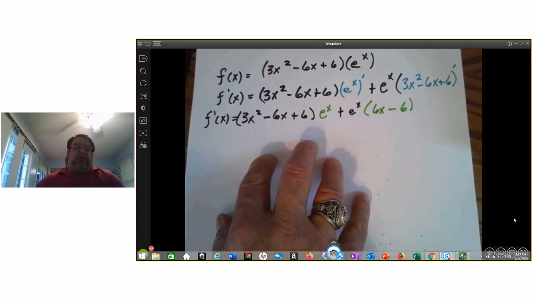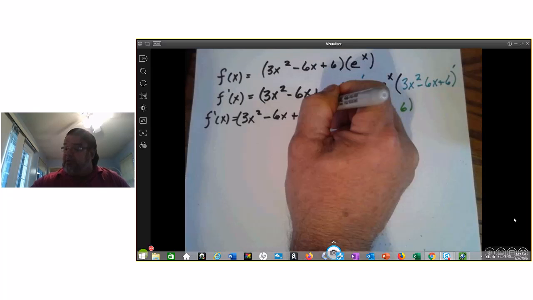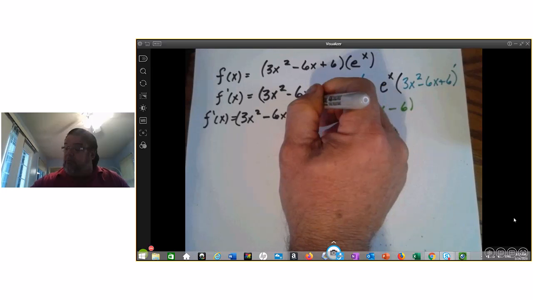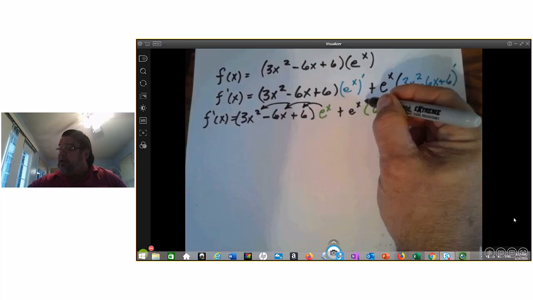It's f prime of x is equal to 3x squared minus 6x plus 6 times e to the x, plus e to the x times 6x minus 6. Do y'all see it yet? Yes. Okay. Now I need to distribute this e to the x and distribute this e to the x.